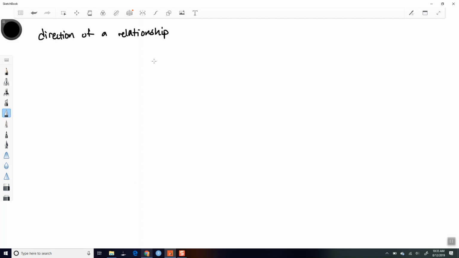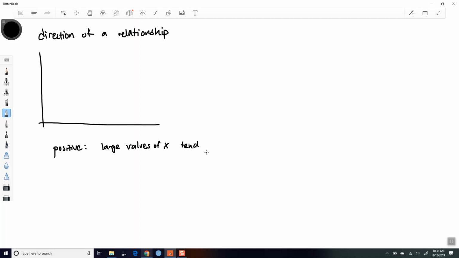All right, so the direction of a relationship, we've got positive. Positive means large values of x tend to go, so if one variable is x and the other variable is y, you'd say large values of x tend to go with large values of y.